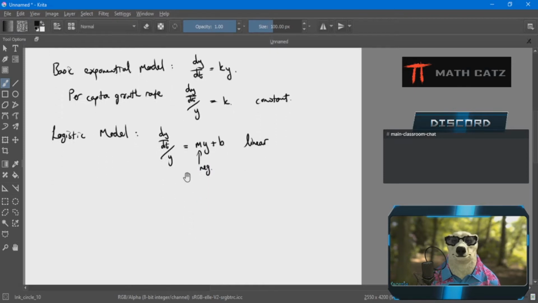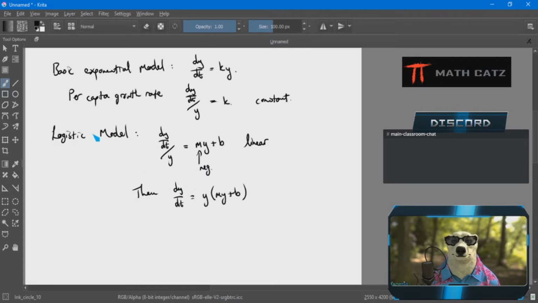So then when we multiply y on both sides, we get our differential equation in its more familiar form, y times my plus b. And now you can rewrite that and get a growth constant and whatever by factoring out the m and so on. But this is another way of understanding how the logistic model generalizes the basic exponential model.